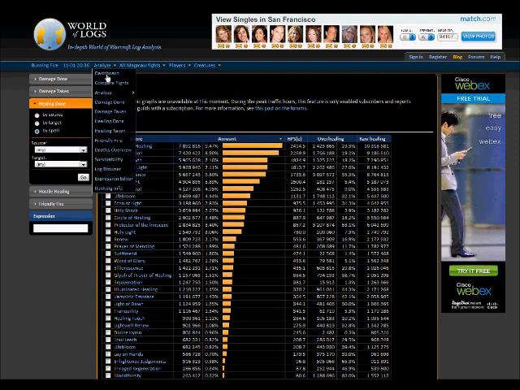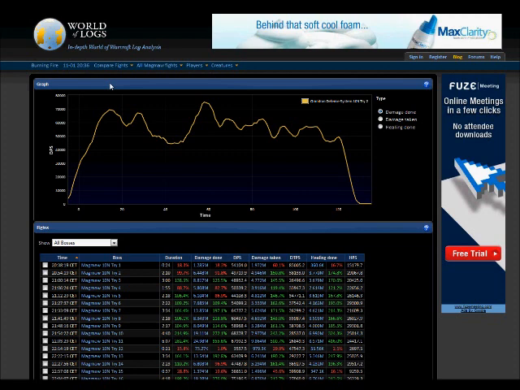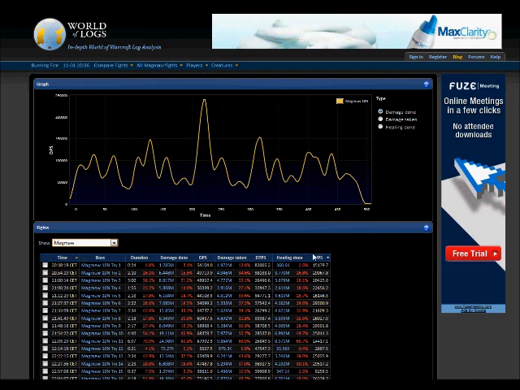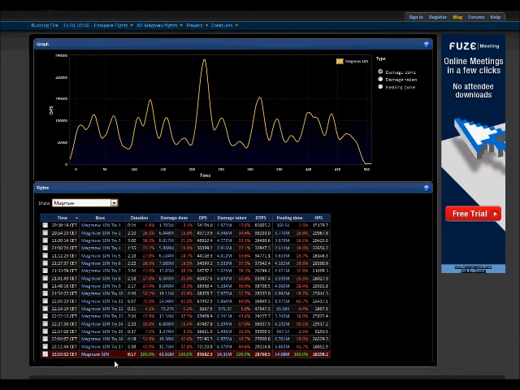You can also use the compare fights. Again, you can select which bosses you're actually interested in and the attempts that you want to compare. So if we compare our first attempt with our last attempt, that's really not going to give us much useful information. Damage done isn't the most useful stat to look at anyway.